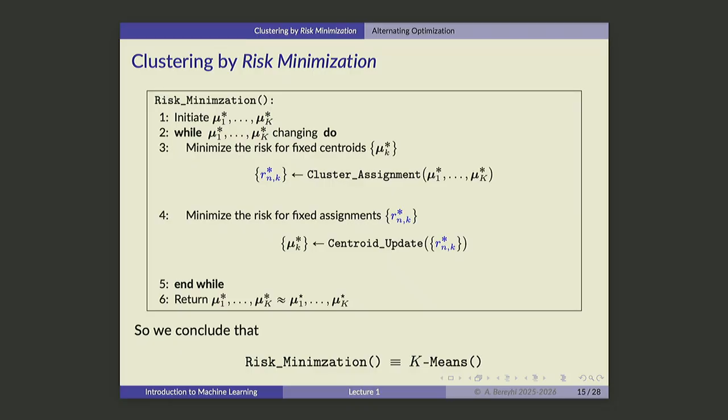Yes? Is this only for circular clusters? Sorry? Is this only for circular clusters? You mean they have the variance, like the covariance matrix is identity, right? But we're going to talk about it later. You mean that it's not an ellipse, right? Yeah, an oval.